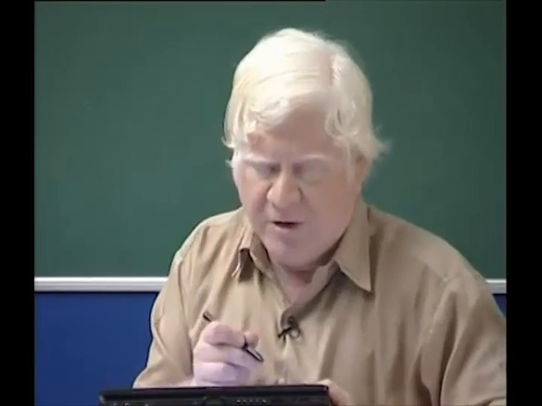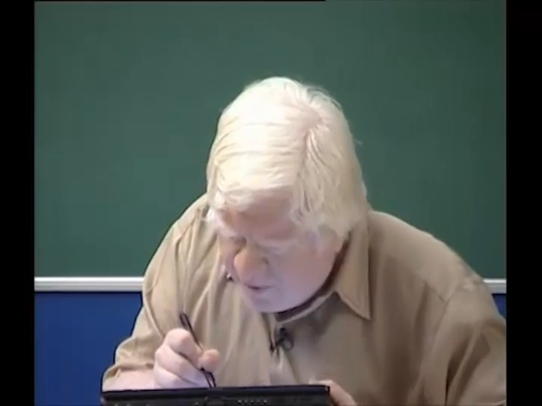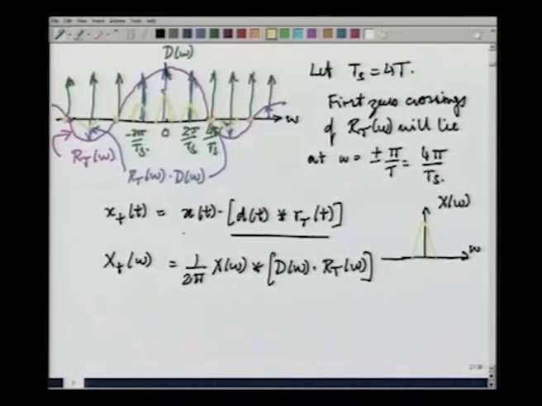We observe the following. What we have just plotted in yellow is X_T of omega. X_T of omega is the final spectrum of the faithful top sample train. That is the spectrum of that. Now, what can we say about X_T of omega?